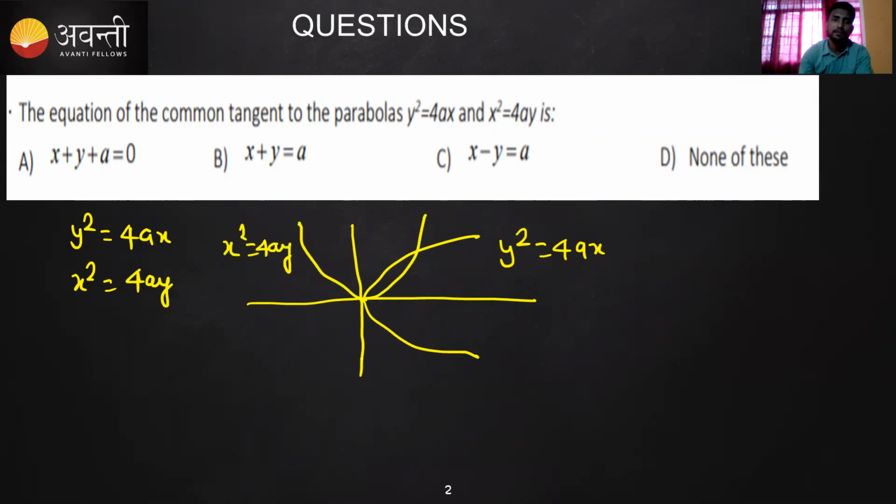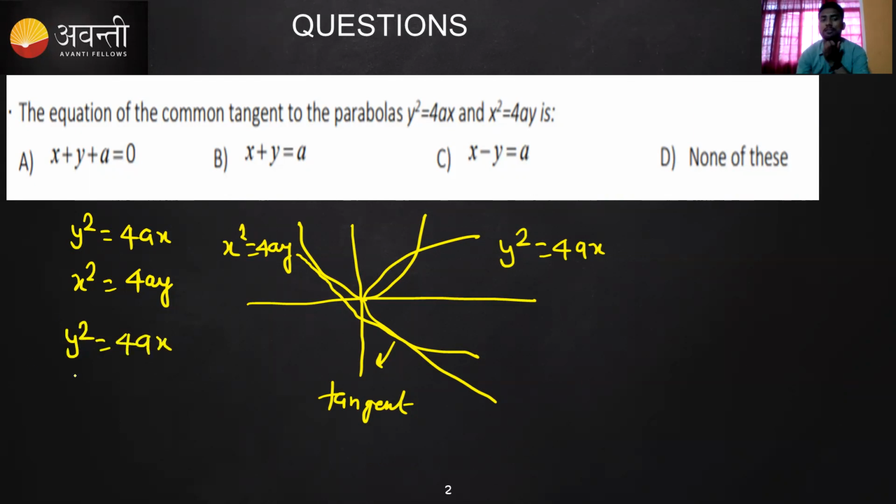And we have to find the common tangent between these two parabolas. So I'm just drawing for your reference. This is the tangent, right? It is common to both the parabolas. So first we will find the tangent for y square is equal to 4x.